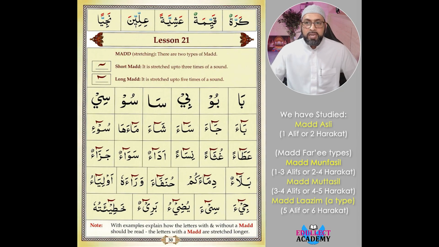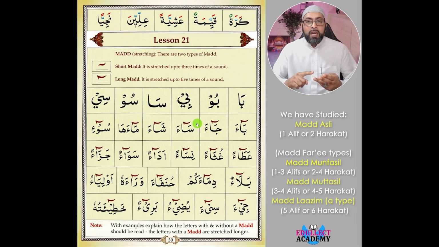letters, so how to recite them. So there are now in total 4 types of mads that we've recited together. Mad asli, which is the ones which are 2 harakat. You have mad muttasil, which is the one which has the dagger, and that's 5 harakats long, or beats or seconds, however you want to refer to that.